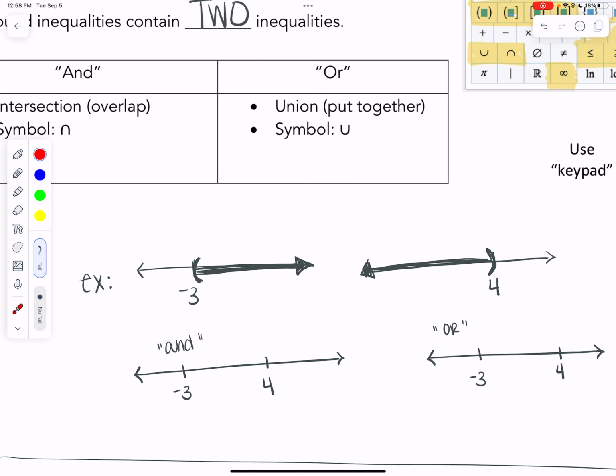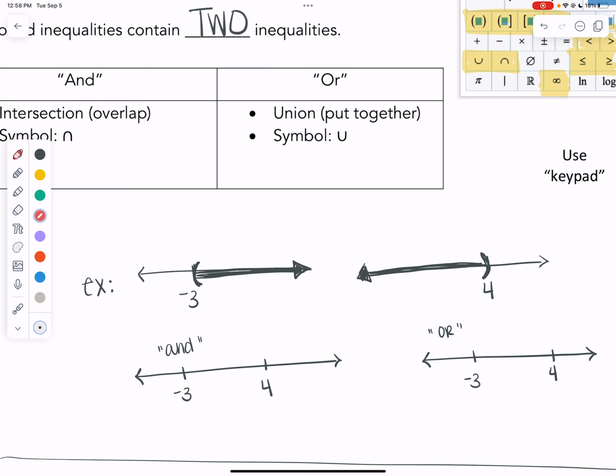First type of question, if I had and, I would be looking at the first one, negative 3 to infinity, and then the other one, 4 to negative infinity. I've put them on the same graph, and and is looking for the overlap. Where are both graphs? For this one, the overlap is this interval right here, negative 3 to 4, because that's where both of the graphs are.